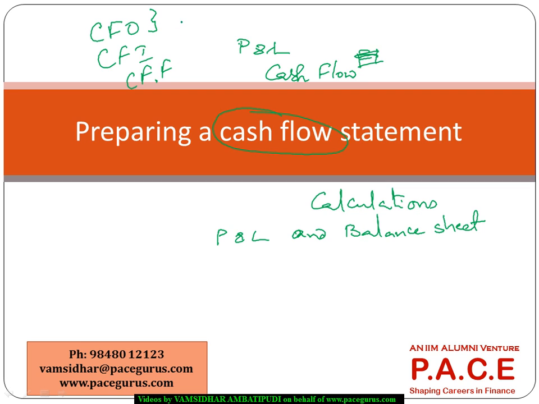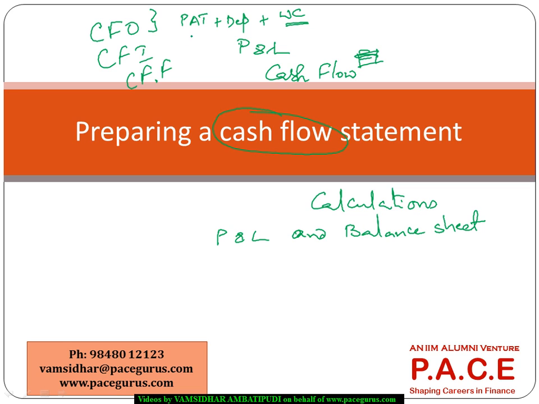So anything to do with the operations, generally we start with PAT plus depreciation and any kind of adjustments that are happening to the working capital. Working capital adjustment is majorly to do with any kind of short-term fundings or short-term payments. All those are affecting my working capital.